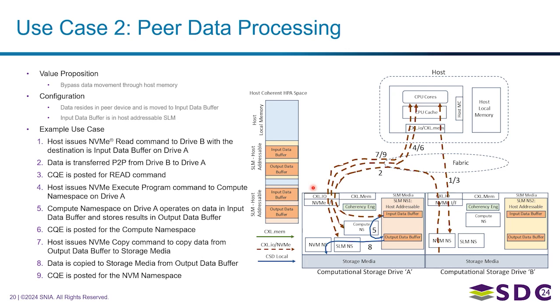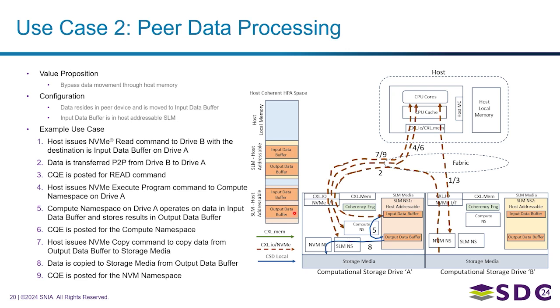So yes, this use case doesn't actually take advantage of the memory for SLM namespace 2, but if you had an actual system with multiple drives that supported SLM, host addressable SLM, then your memory would be allocated in this way over in the host, and that was the goal.